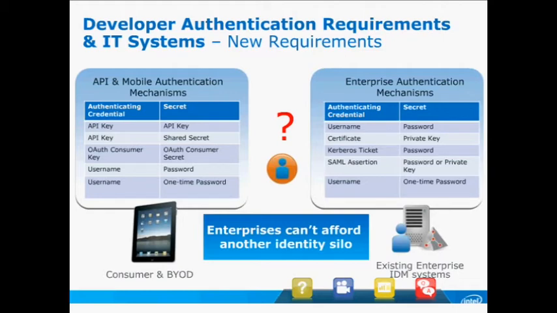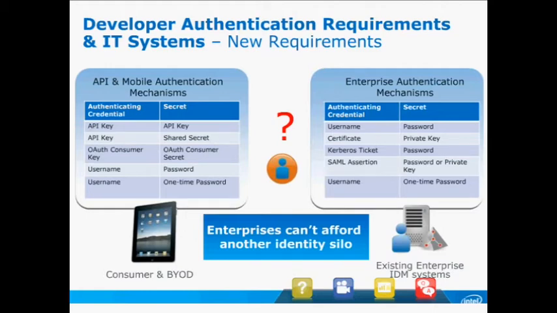Mobile devices and apps, app developers use API keys, and mobile devices and consumers coming in through web service types of interfaces are using OAuth. They may be using a social identity. They may be logging in with their Twitter or their Facebook credentials or a LinkedIn credential.